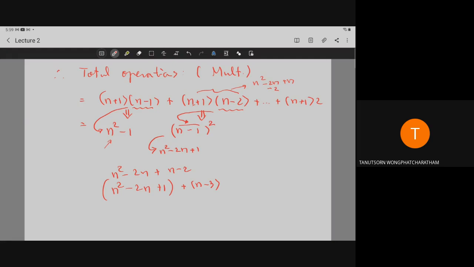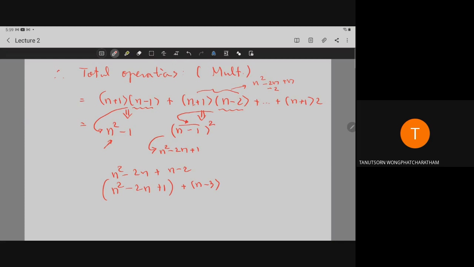Well, it doesn't add up like what I wanted it to. One moment. Did I do anything wrong here? I'm just trying to factor the terms. The first term looks correct, right? n square minus 1.